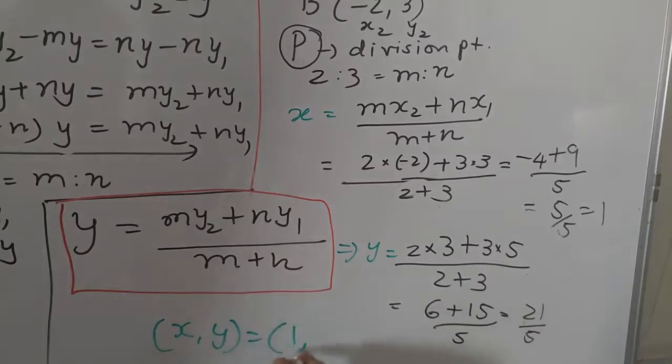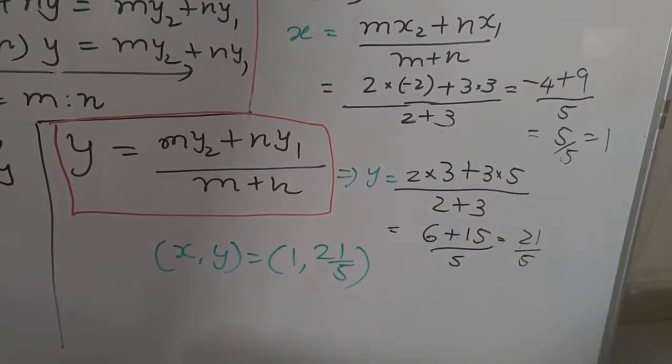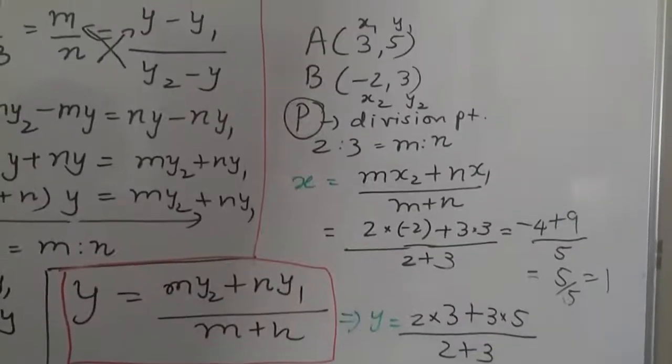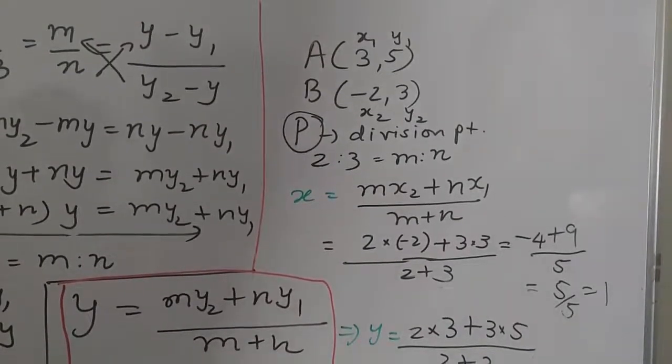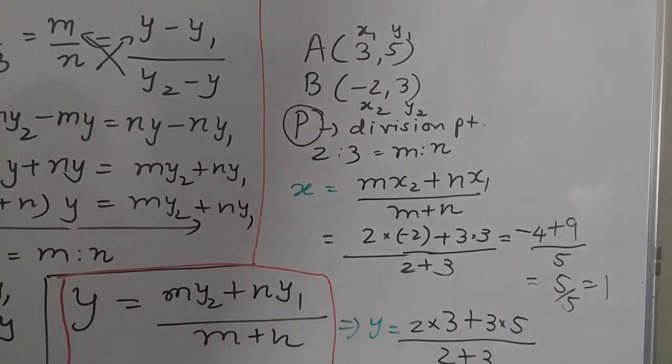X is 1 and y is 21 by 5, students. So this way you can find out in a given ratio how it is sectioning or dividing our line segment. So we can find any value of a division point, or you can say section point. Any way you can say, this is the section formula we are finding.